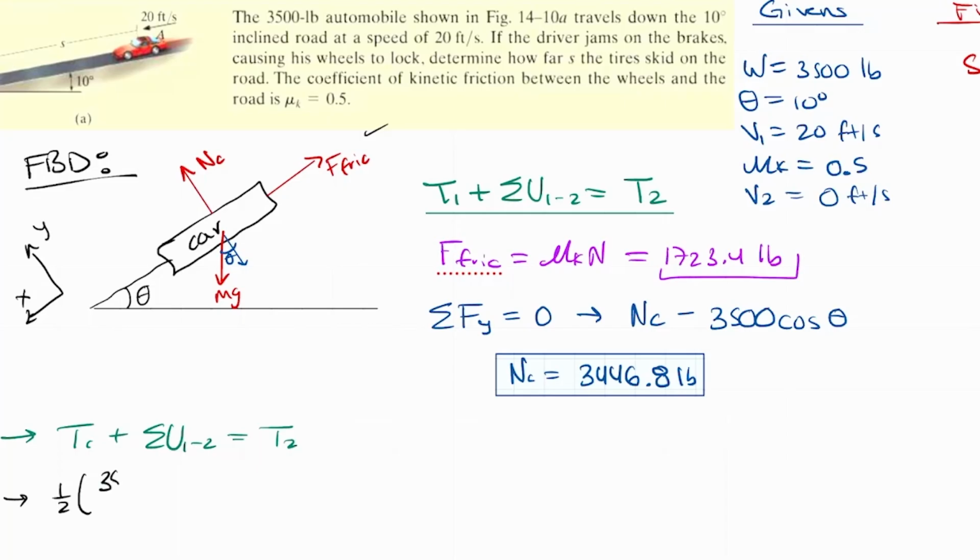So that's 3,500 pounds divided by 32.2 feet per second squared. Right? Mass times velocity squared. It was going initially at 20 feet per second, all of that squared. Plus, let's see the forces that are causing this to displace.